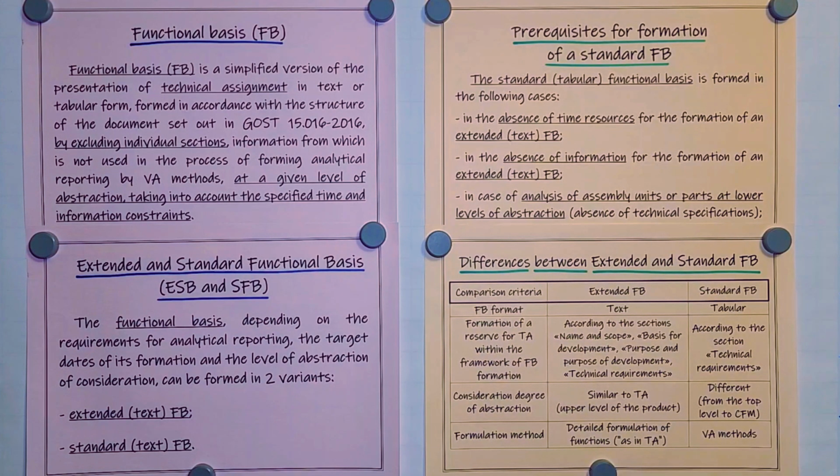The second difference follows from the first and consists in the formation of a different reserve for the subsequent formation of the technical assignment based on data of the functional basis.